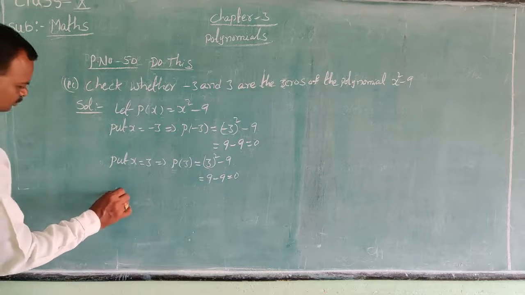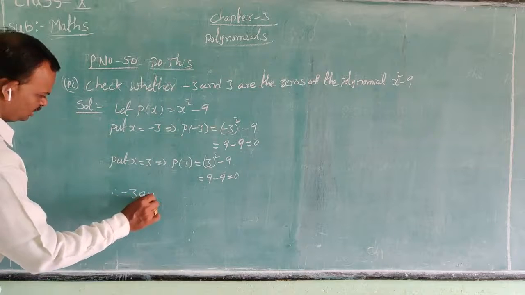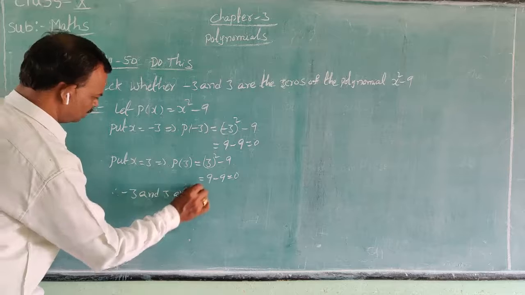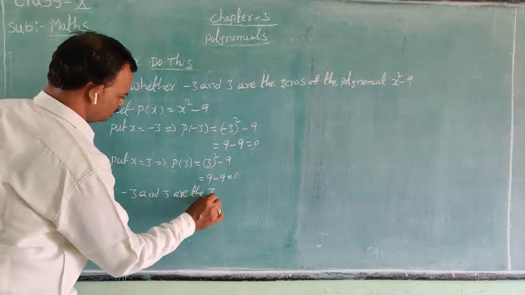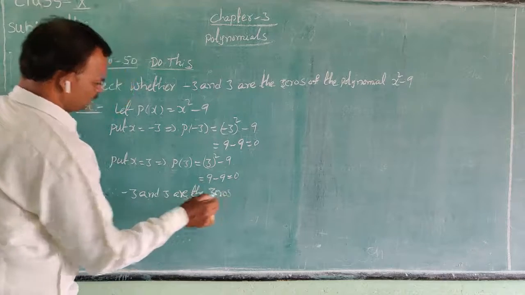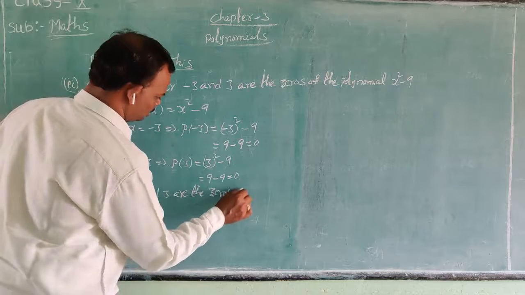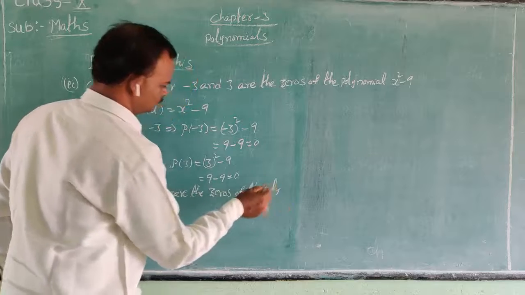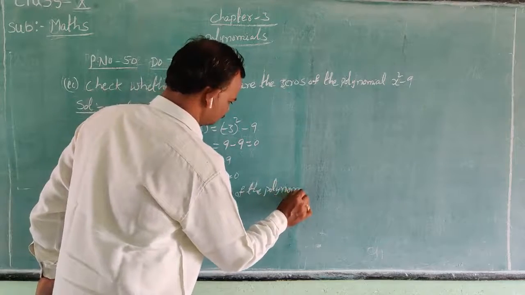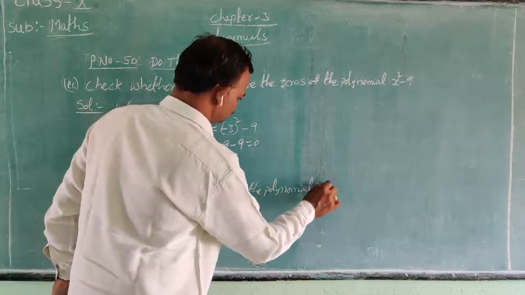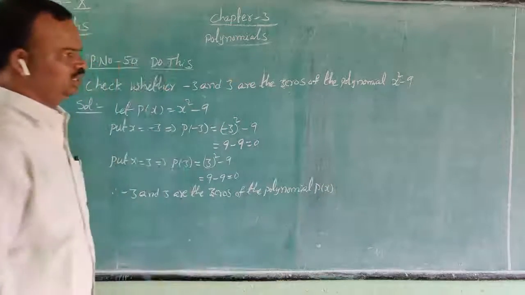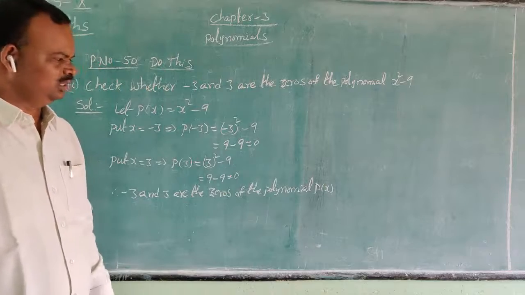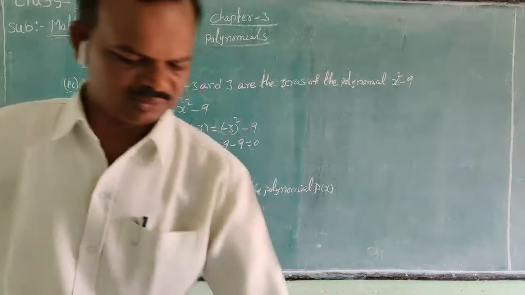That means minus 3 and 3 are the zeros of the polynomial x square minus 9.